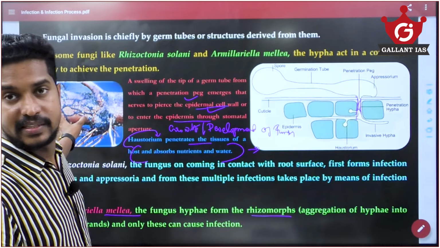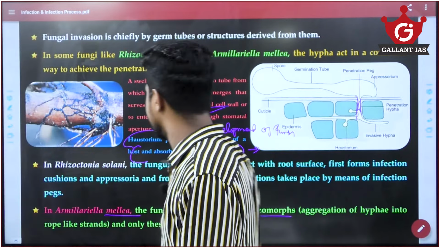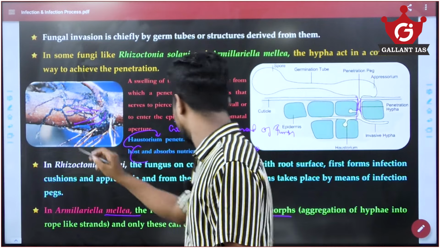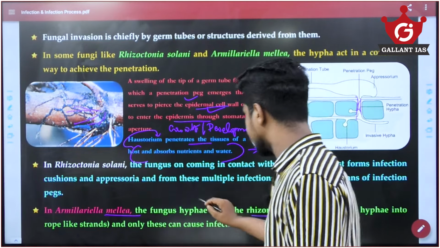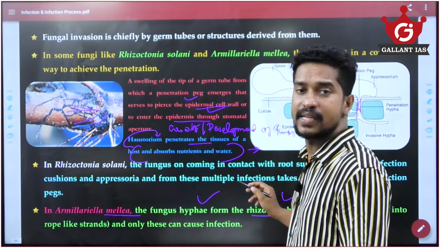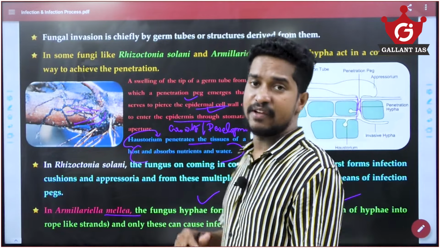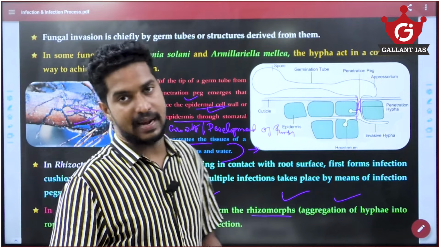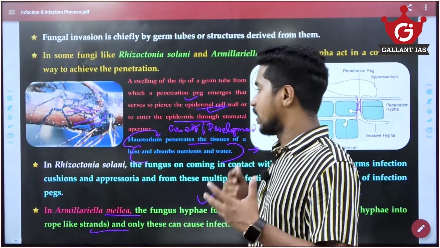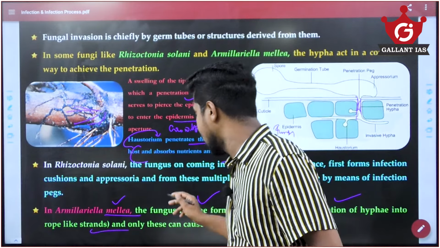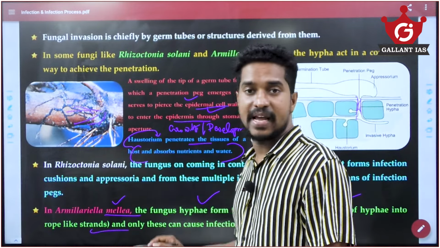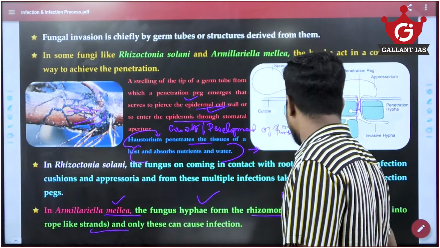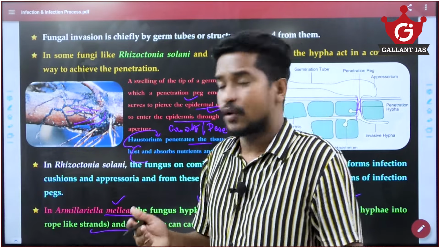Look at this figure. You can see that Armillaria mellea forms the rhizomorph. What do you mean by rhizomorph? Rhizomorph means the aggregation of hyphae into rope-like strands.